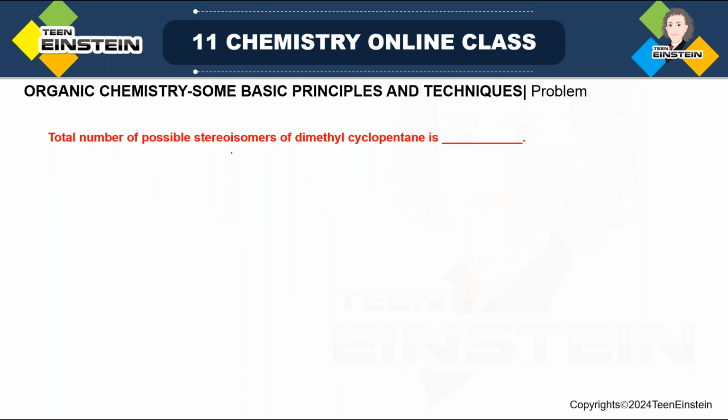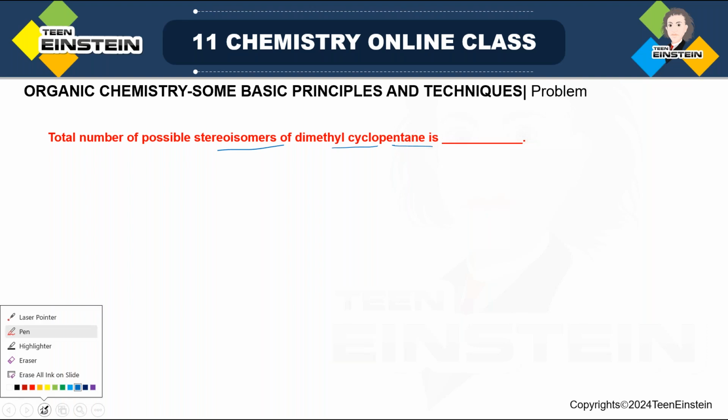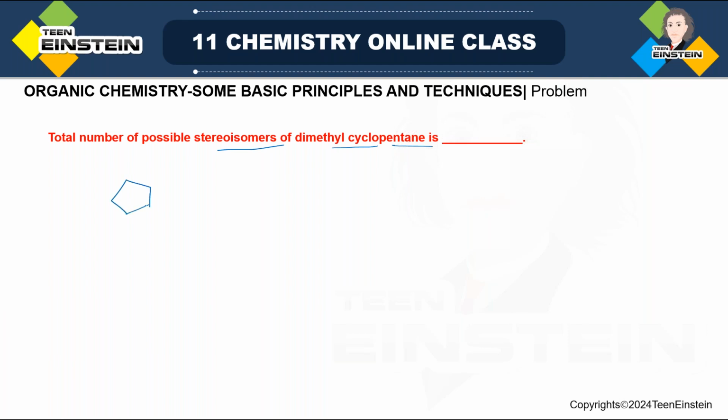Total number of possible stereoisomers of dimethylcyclopentane. The position of the methyl groups is not mentioned, it is simply mentioned that 2 methyl groups will be there and it will be cyclopentane. And the number of possible stereoisomers.